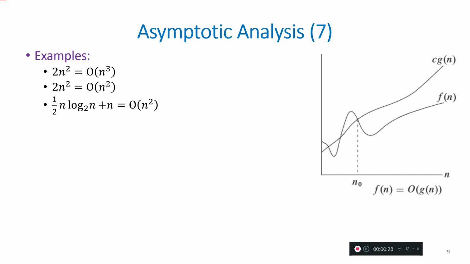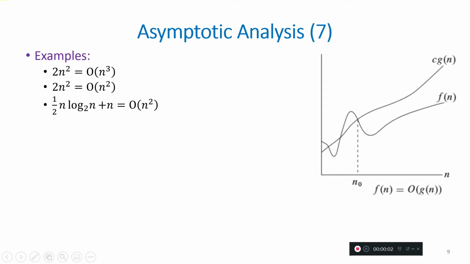The graphical representation of the big O notation can be seen over here. So beyond any n naught value, for every function f of n that lies below the g of n function, we can say that f of n is bounded from above by g of n. Therefore, f of n belongs to the set big O g of n.